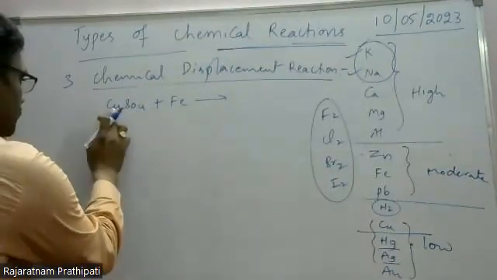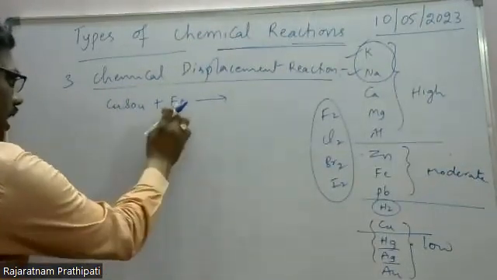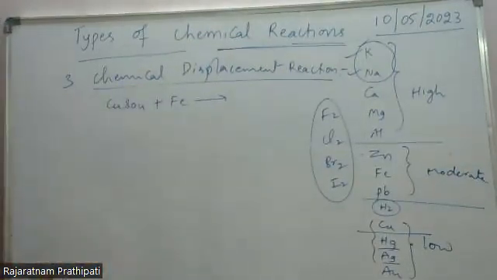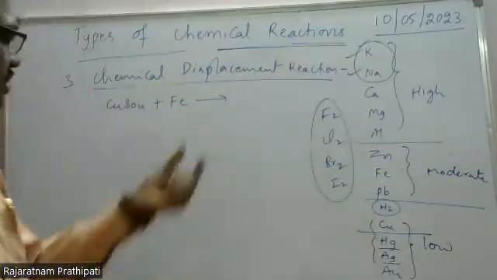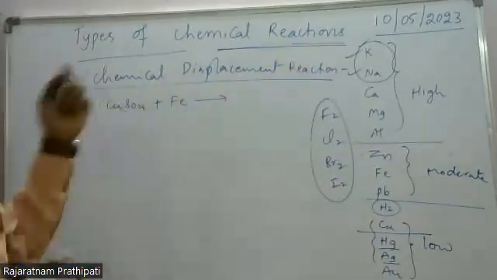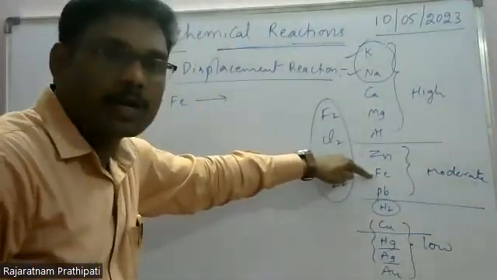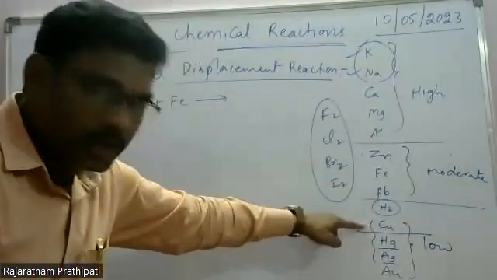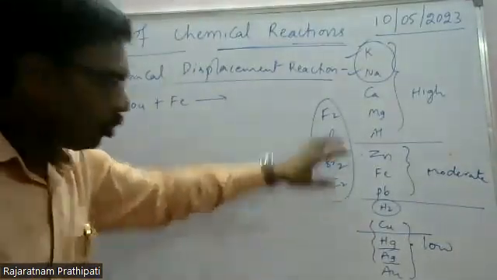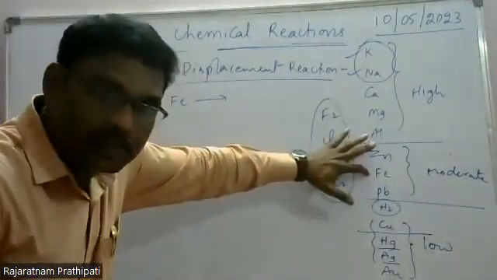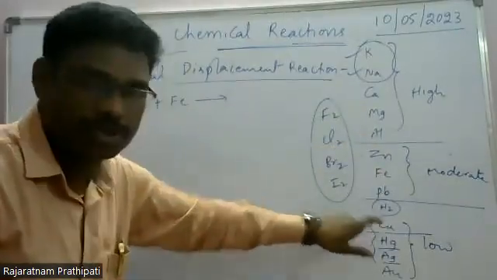Here, copper sulfate means this is a copper metal and this is an iron metal. Look at the activity series. Where is the position of iron? Where is the position of copper? If you observe the positions, iron is a top metal, copper is a bottom metal. So here iron displaces copper.